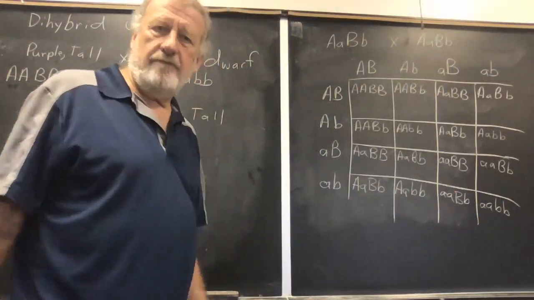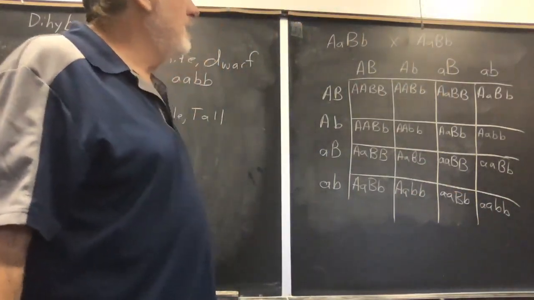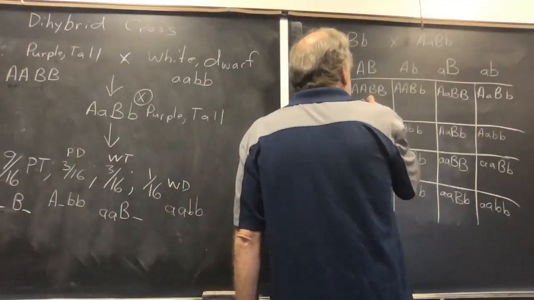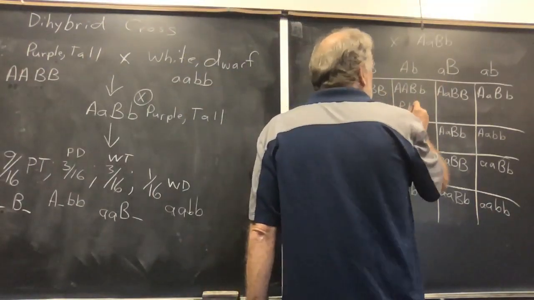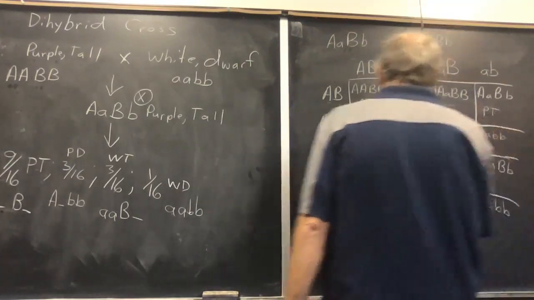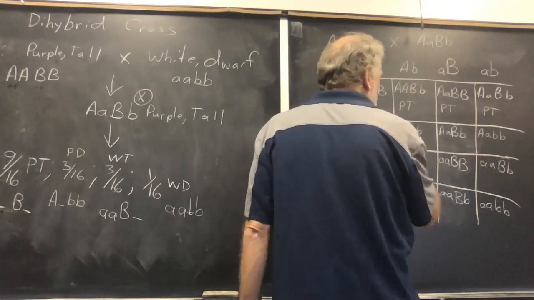Okay, now let's add phenotypes to these boxes. So 2 big letters means purple tall. So we'll just call that PT. So we have PT here, PT there, PT, PT.